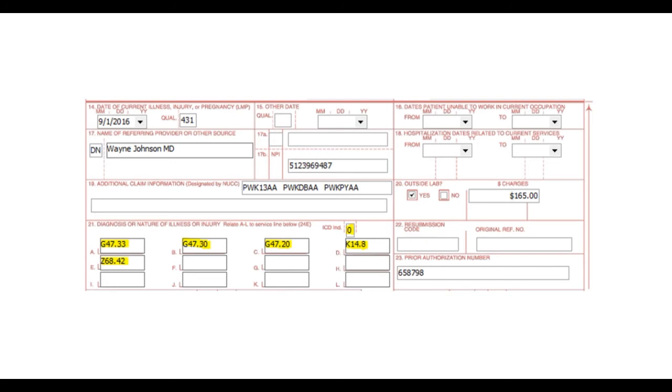When we put the diagnosis codes in boxes A through E, we list them in order of severity. So the G47.33 is first, it's the most severe, and then the G47.30 is second, and so on. Above the D box, we have the ICD indicator, and we have 0 for that, and that means that we are using ICD-10 codes.